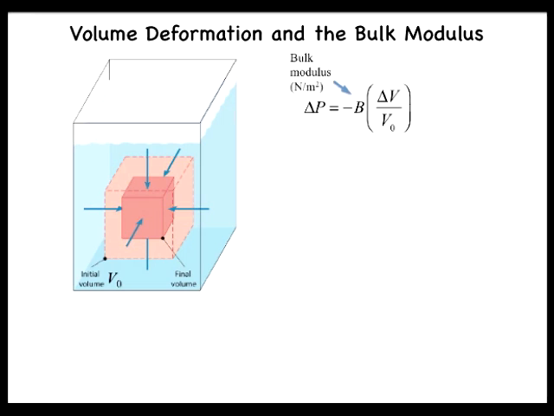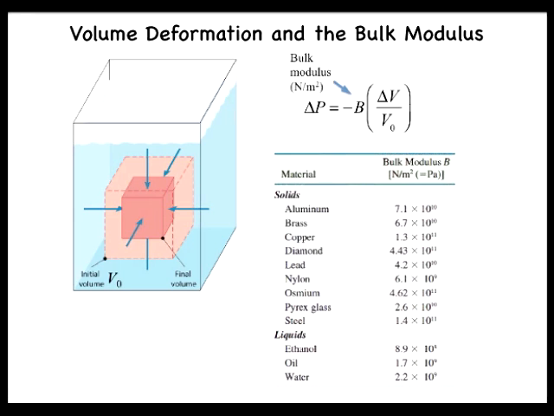The minus sign occurs because an increase in pressure, ΔP positive, always creates a decrease in volume, ΔV negative, and B is given as a positive quantity. Like Young's modulus and the shear modulus, the bulk modulus has units of force per unit area, or newtons per meter squared, and its value depends on the nature of the material. The table gives some representative values of the bulk modulus.